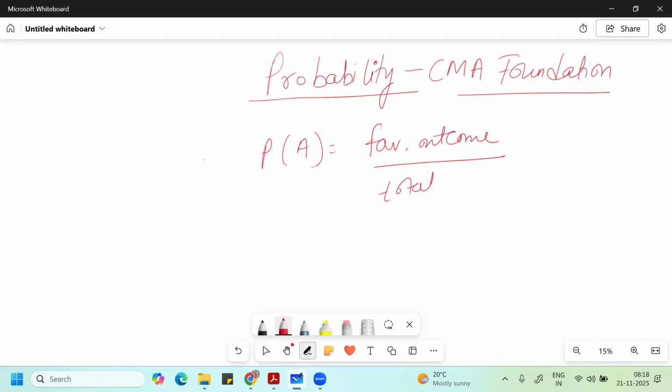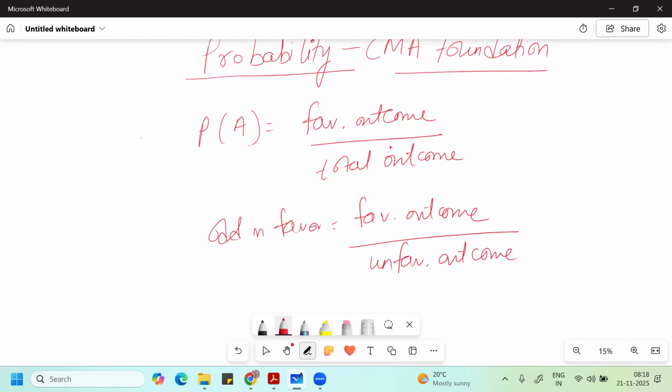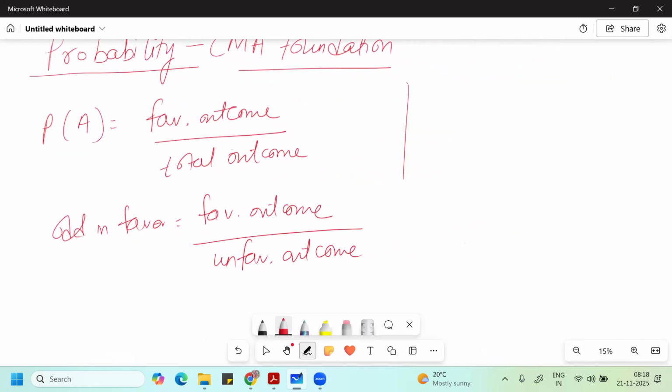And when I say odds in favor, the formula of odds in favor is favorable outcome divided by unfavorable outcome.